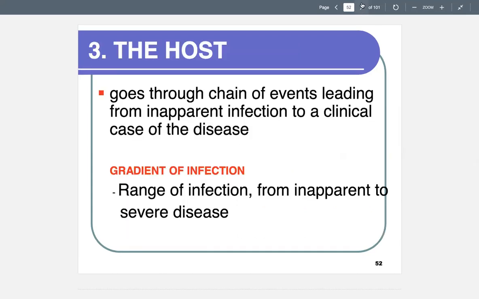Okay, now the host. Okay, the susceptible host goes through a chain of events leading from an inapparent infection to a clinical case of a disease. Okay, so there is a gradient of infections, merong range of the infections, okay, from inapparent to severe disease, no? In which class sa host, depende yan sa kanilang immune system.